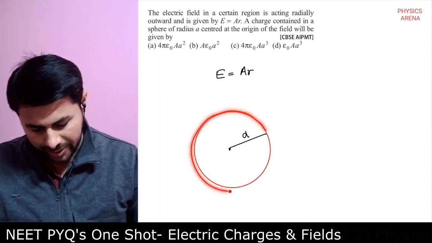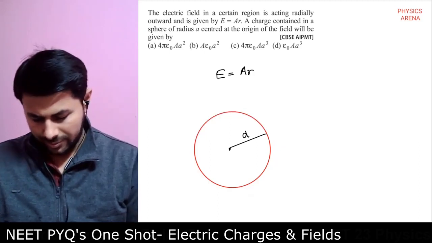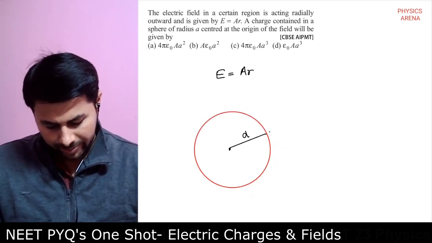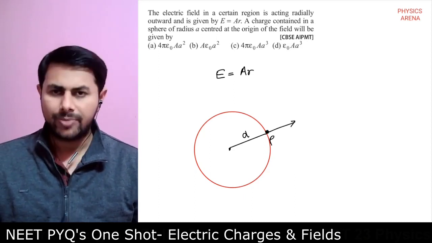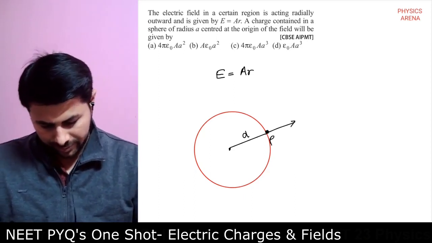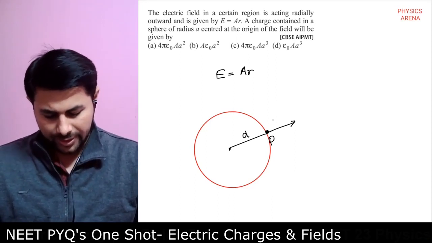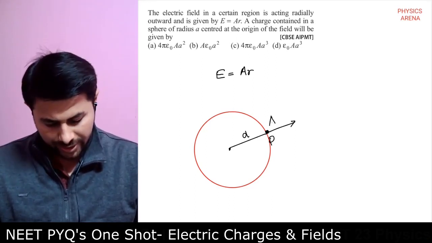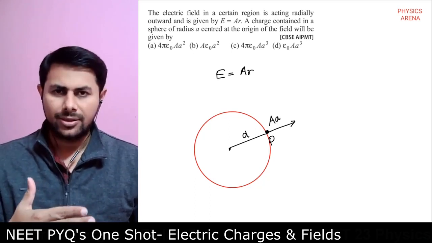What will be the electric field on the boundary of the sphere? What will be the magnitude at this point? Let's call this point P. The electric field at point P will be A times r. So here it will be A times small a, radially outwards.